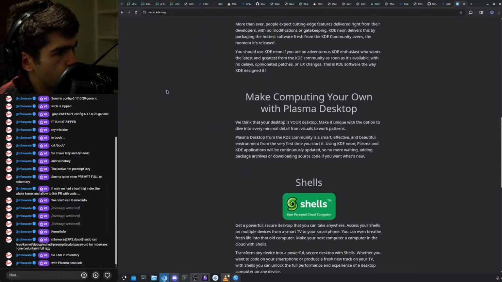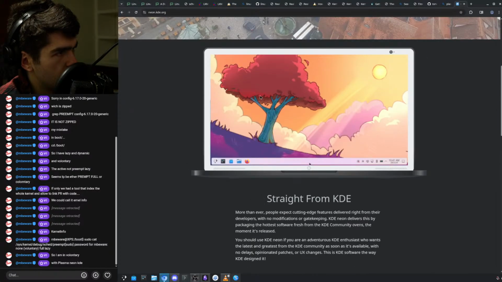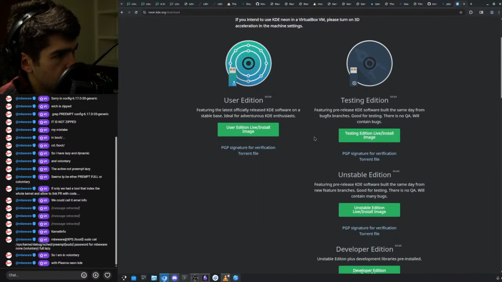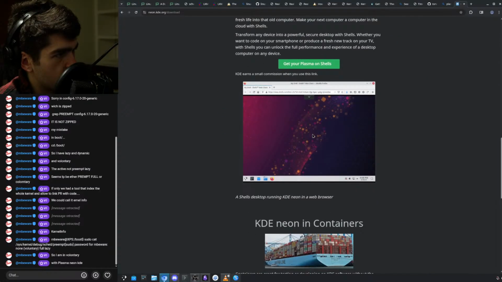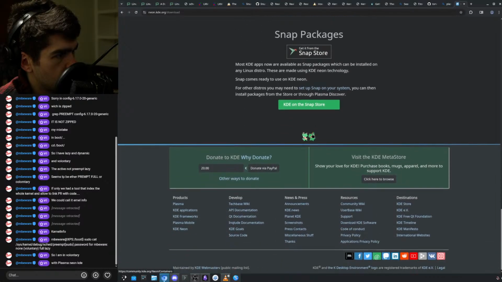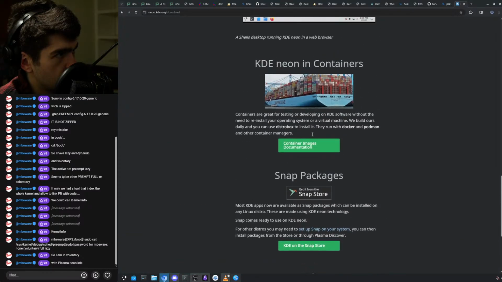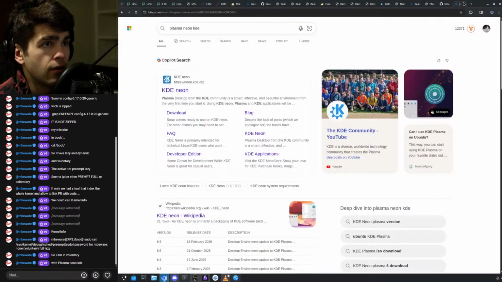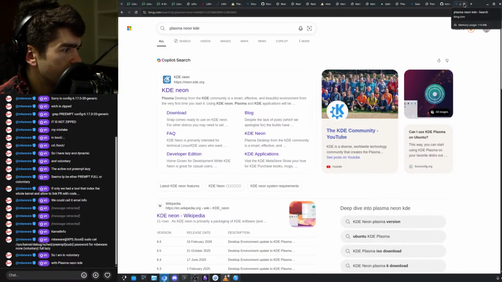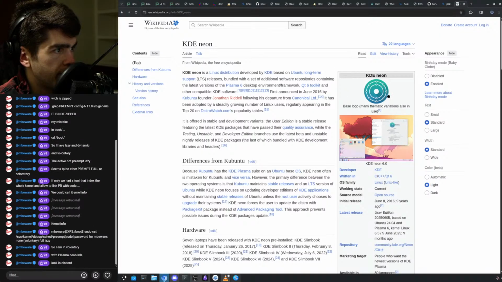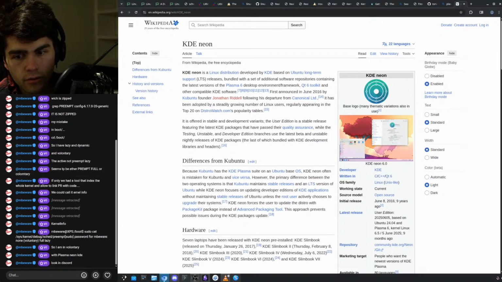So it's the Ubuntu divergence from KDE. Unless I'm wrong. Why would you want this in a container? Anyway. Okay, yeah. Alright. Look in Discord. I'm looking.